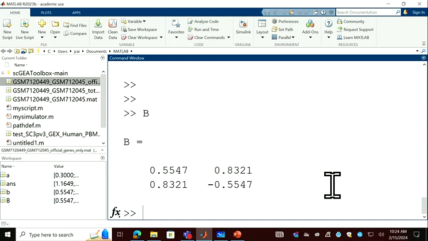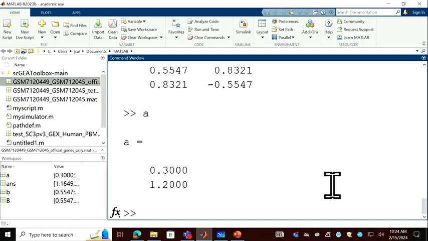So next, I can rotate not only one A, I can have a vector of A's.